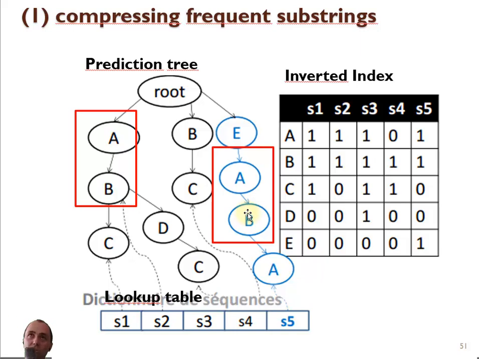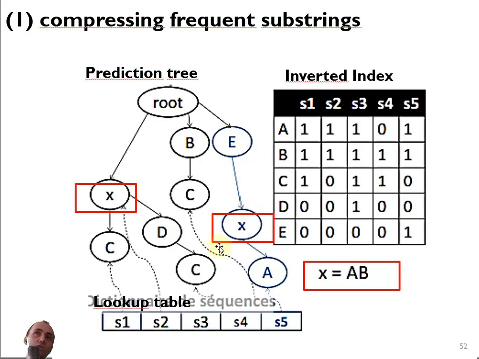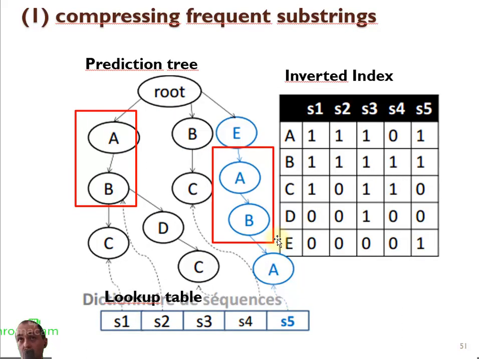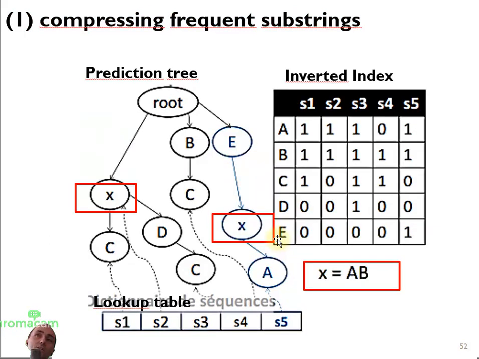Here I replace A followed by B by a new node that I call X to make the tree smaller. Let me show you again. It was like this. Then I see that many times in the database A is followed by B. So I can replace A followed by B by a node I call X that contains AB.